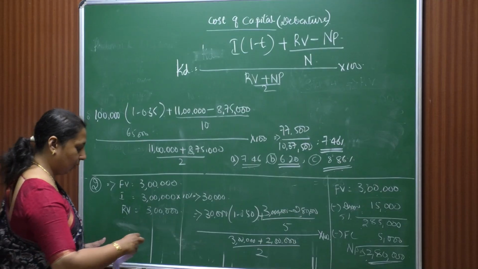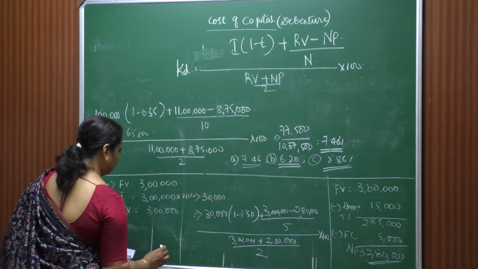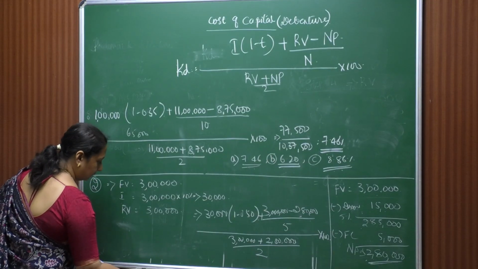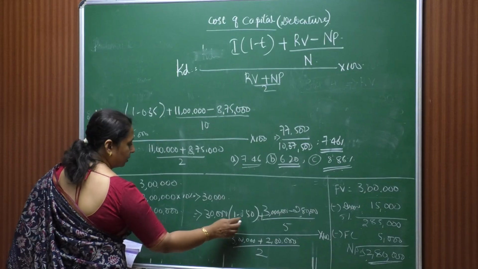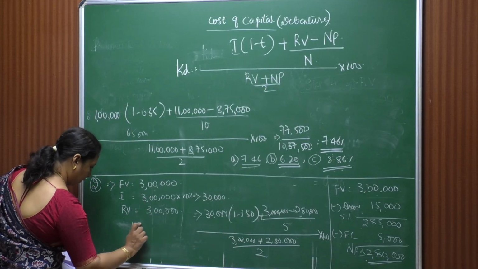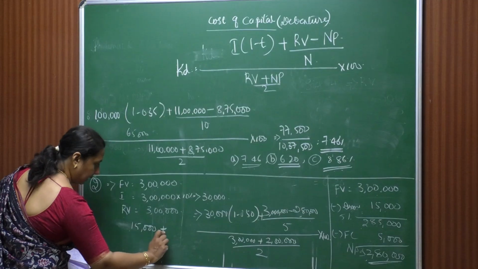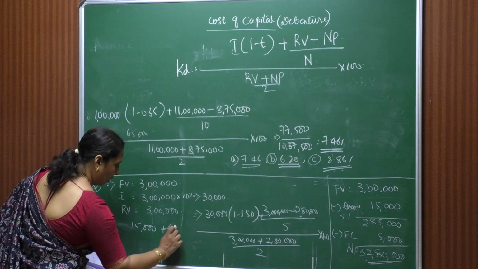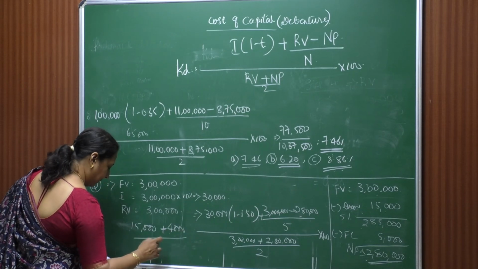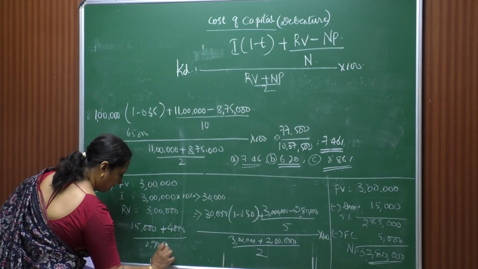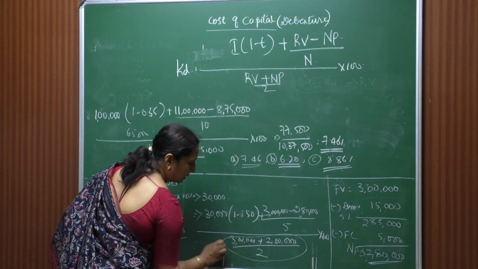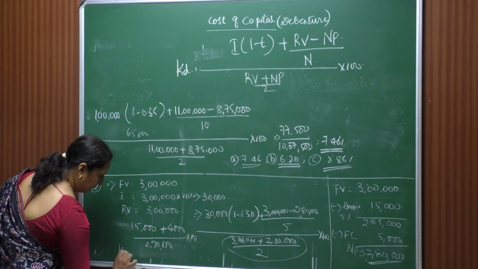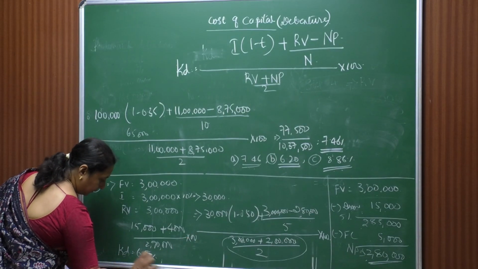So, simplify it. 30,000 into 0.50 gives you 15,000, plus 3 lakh minus 2 lakh 80,000 divided by the number of years, you get around 4,000. The average you get is 2 lakh 90,000. If you do this, into 100, the cost of debt is 6.5%.